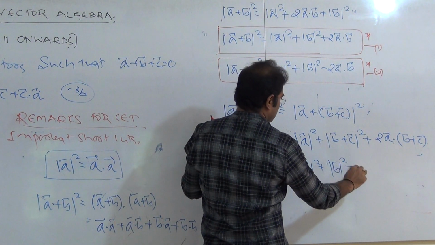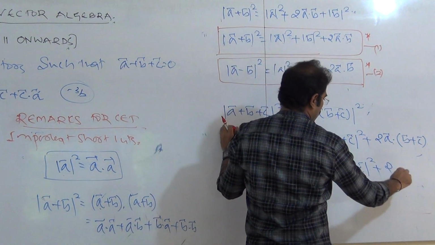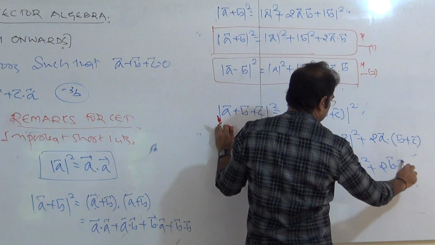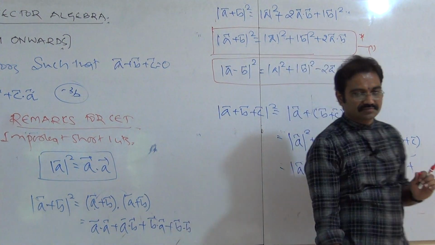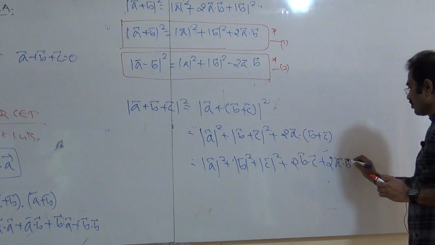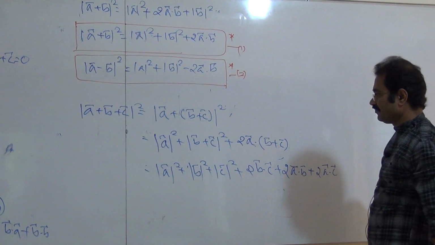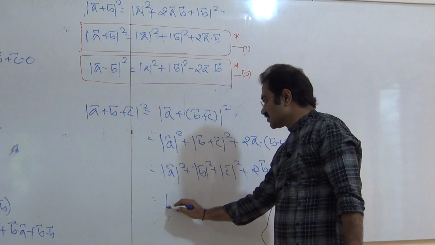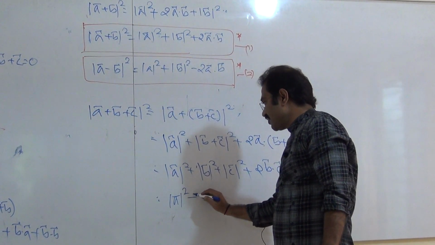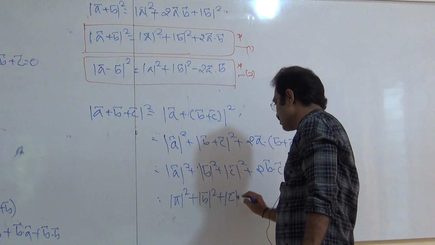Magnitude of B square, magnitude of C square, 2 B dot C, plus 2 A dot B, plus 2 A dot C.